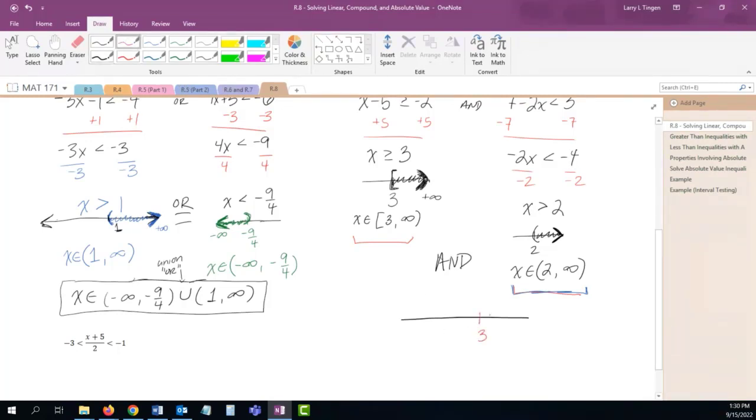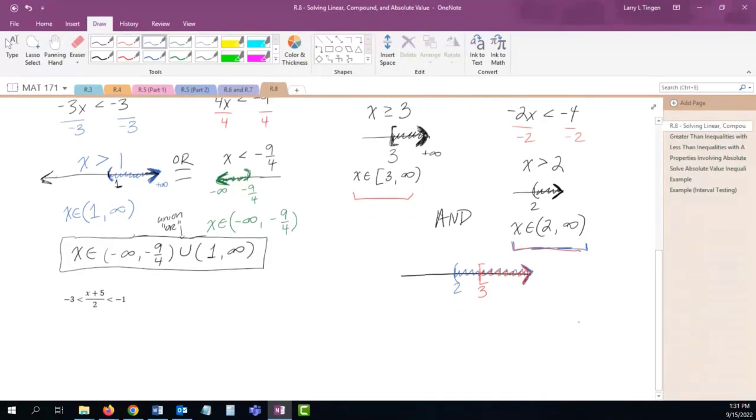Here's the 3, and I'm going to the right. That goes on forever. The 3 is included, so it gets a bracket. And then the 2 to infinity, here's the 2. 2 is not included, so that's a parenthesis, and that goes on forever. And I go to infinity.